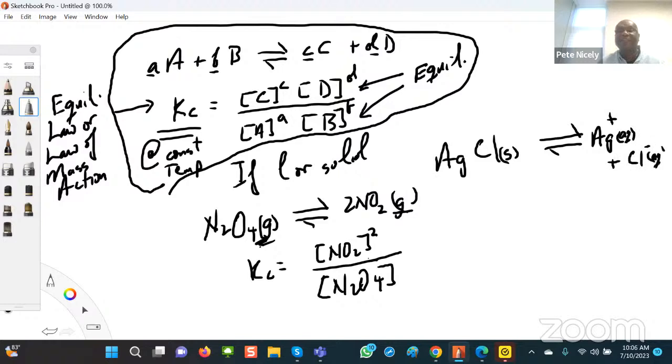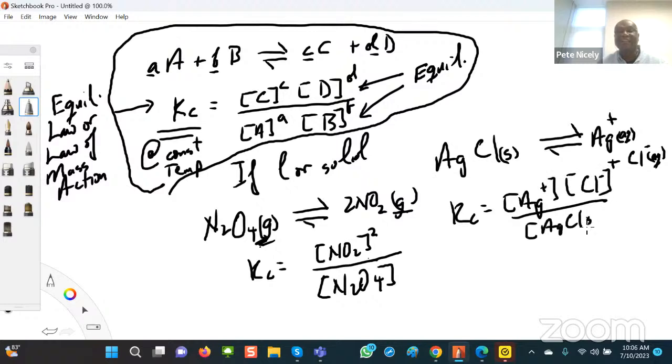Now, in this case, based on what we have covered so far, you would be tempted to write down that Kc would be equal to the concentration of Ag plus times the concentration of Cl minus, divided by the concentration of AgCl solid. So you might be tempted, and understandably so, to write down an expression for Kc looking like this.